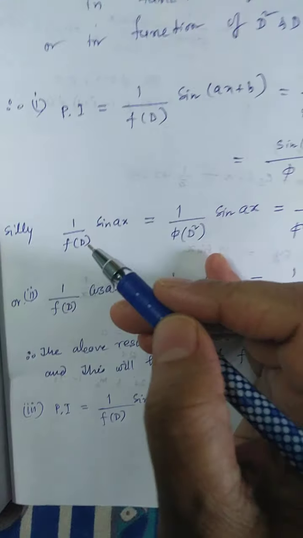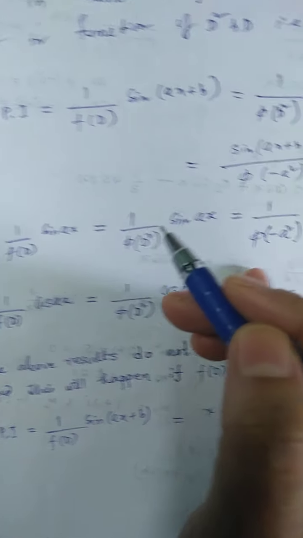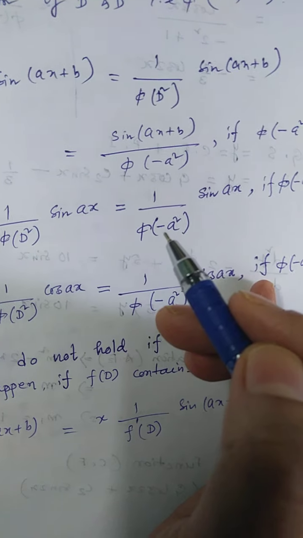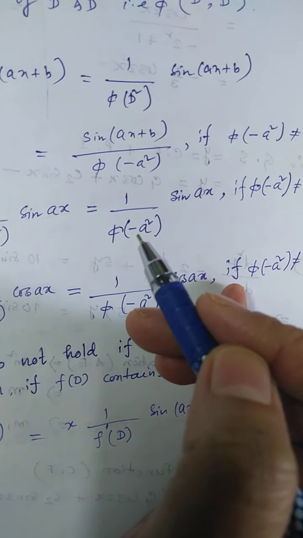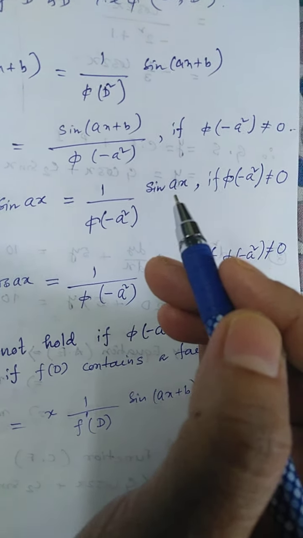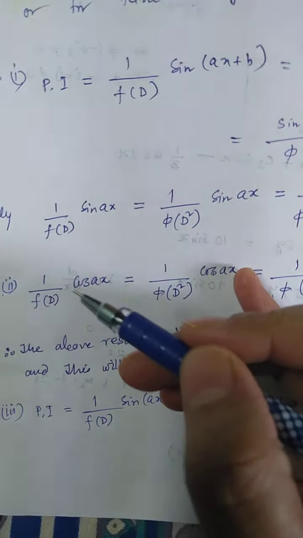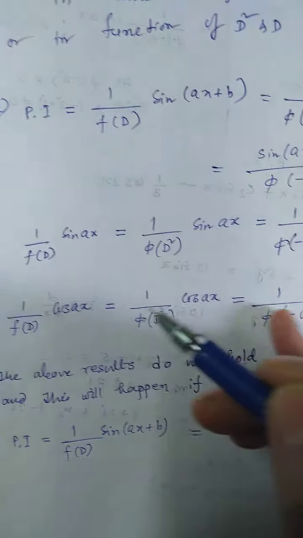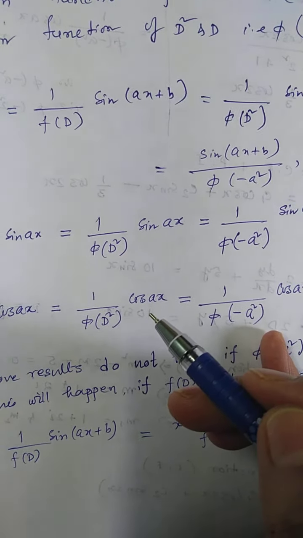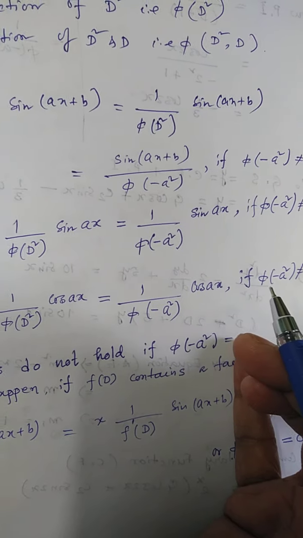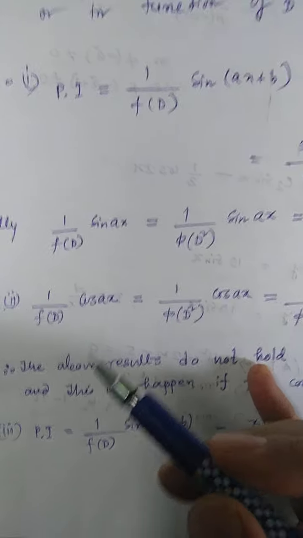The same result will be applied if the function is sin ax: in place of D² we put minus a², and if phi of minus a² is not equal to 0, this will be the result. Similarly for cos ax, phi of D² cos ax is equal to phi of minus a² cos ax if phi of minus a² is not equal to 0.